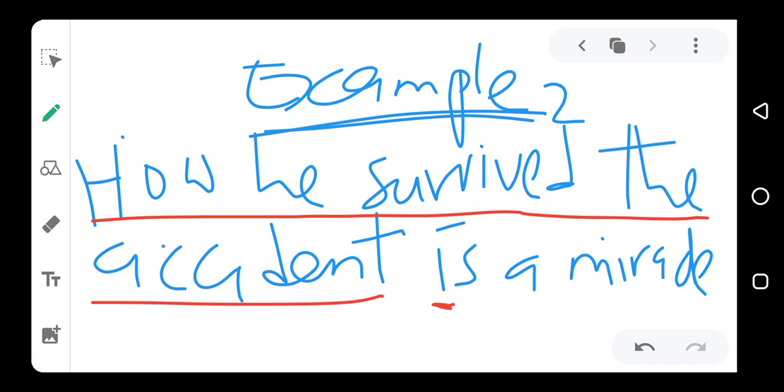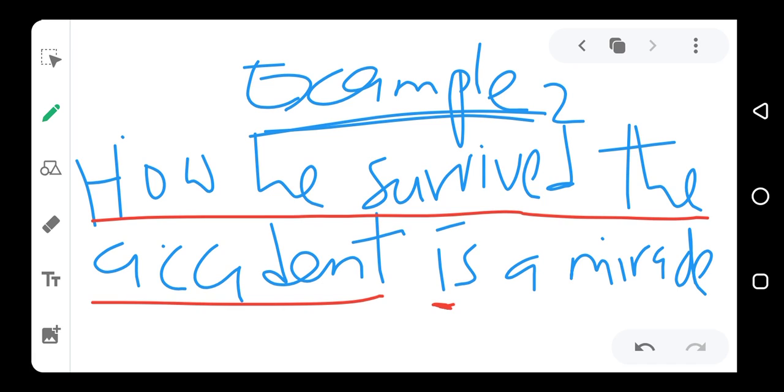And now we can also test it with an appropriate pronoun to see whether it will still retain the same meaning. It is a miracle. It is now your duty to ask, what is the miracle?